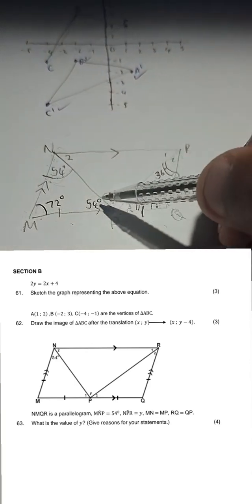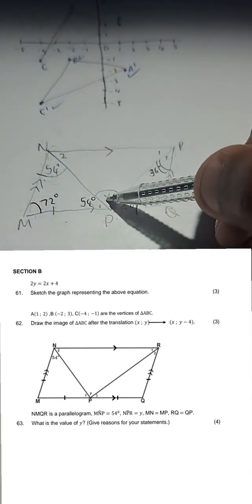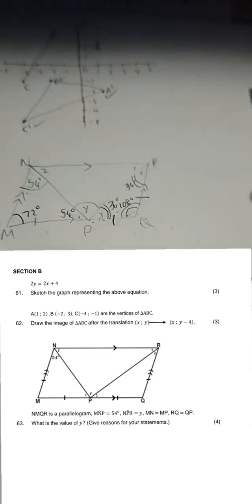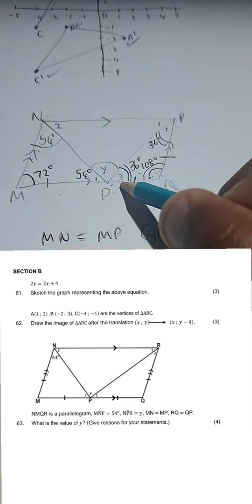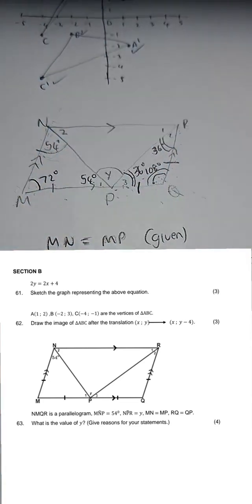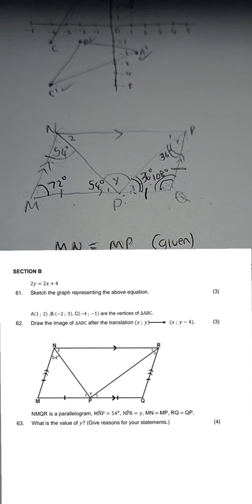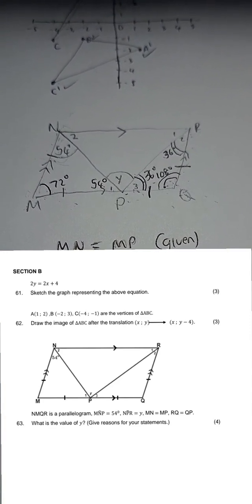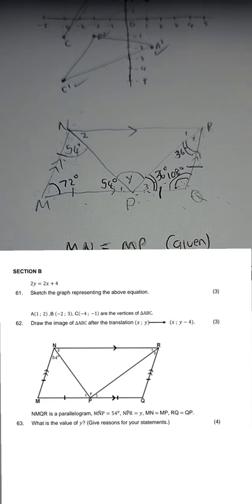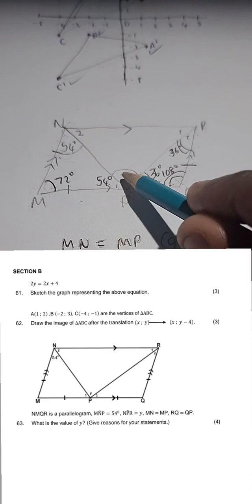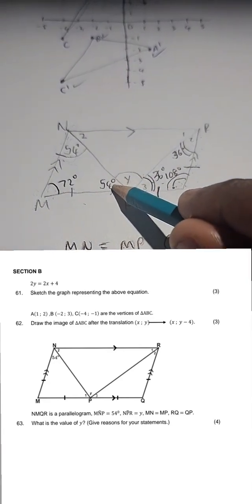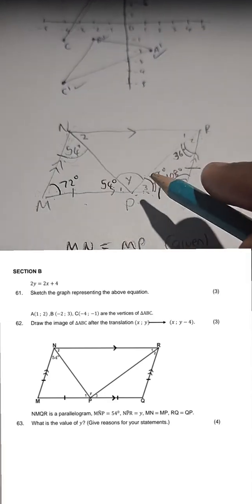Now I have 54, y and 36. What do we know about these three angles, guys? These three, angle P3, y, and P1. What is the relationship between the three angles? This angle plus that angle plus that angle. Thank you, Lesejo. These are angles on a straight line.